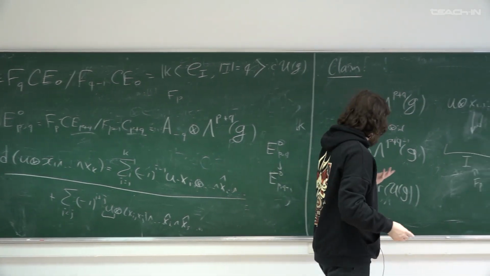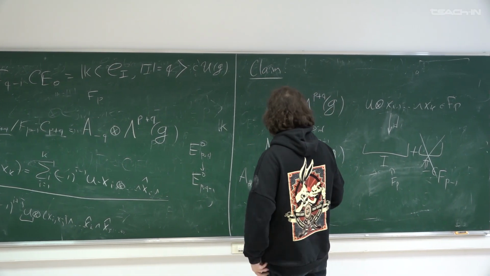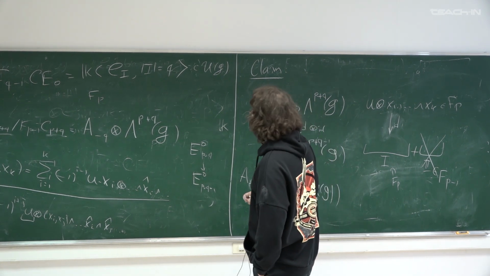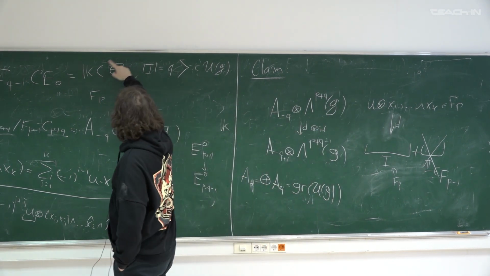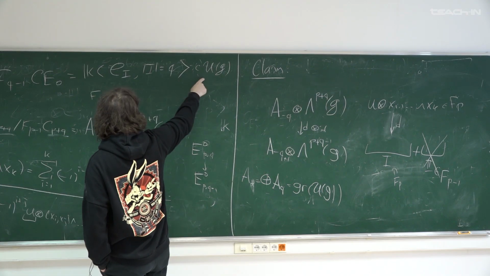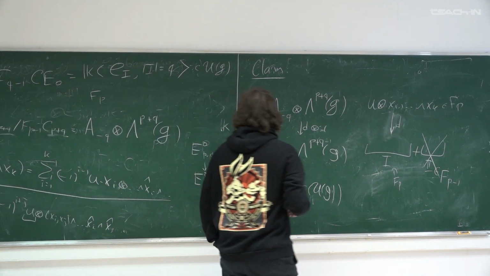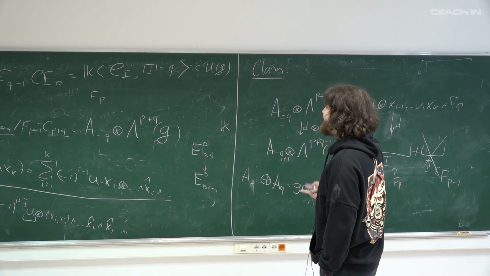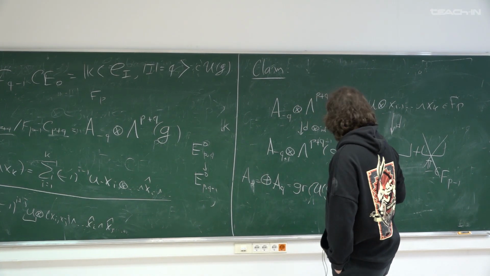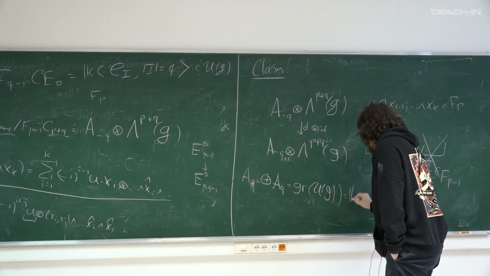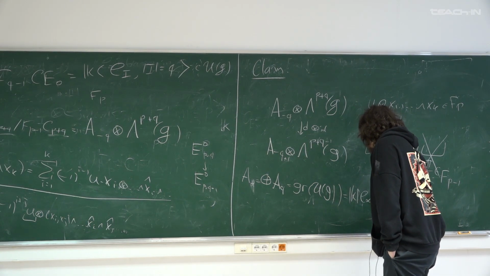And from the Poincaré-Birkhoff-Witt theorem, which we discussed also the previous time, because these monomials are a basis of the universal enveloping algebra, on the quotient you obtain that the same monomials are the basis, but now they commute. So this is just a polynomial algebra on the alpha.